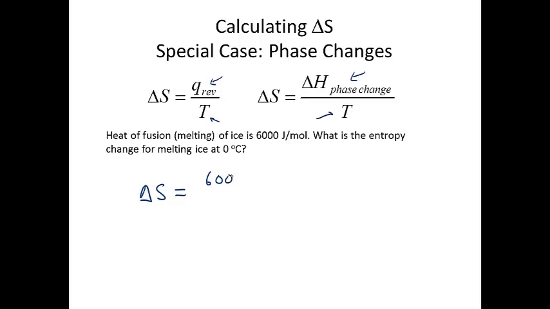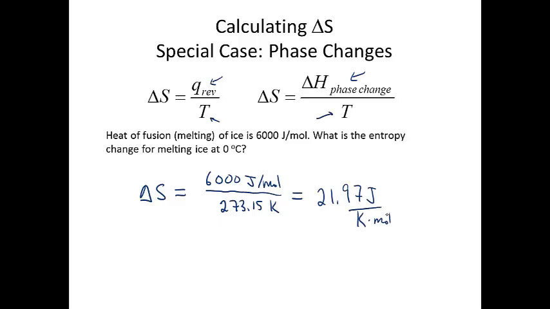So it's 6,000 joules per mole over the temperature at which it happens, and 0 degrees Celsius is 273.15 Kelvin, and so we divide that, and that gives us our entropy change. And our entropy change is 21.97 joules per Kelvin mole. And so determining the entropy change for a phase change is actually relatively simple. And that's a positive value, as you would expect, going from the solid to the liquid phase.